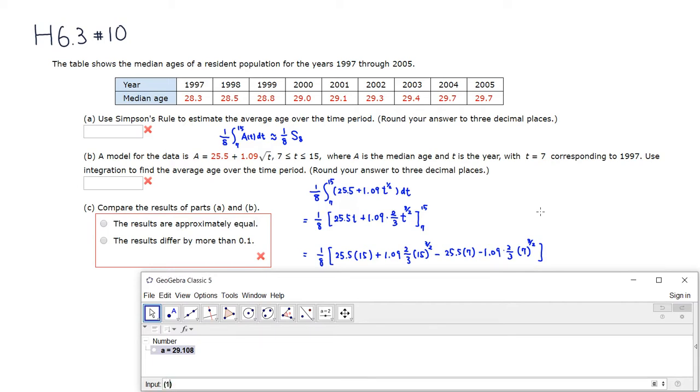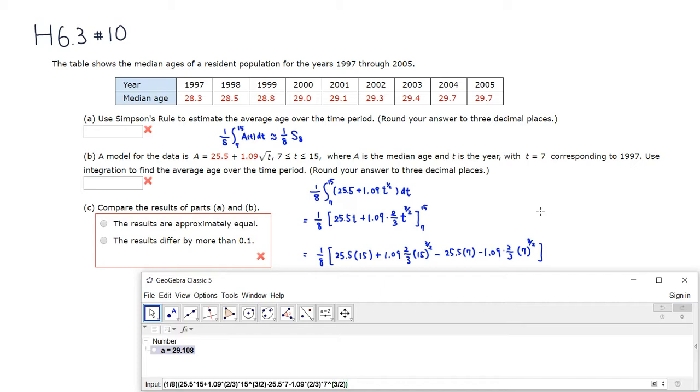We have 1/8 there. Then we add 25.5 times 15, plus 1.09 times 2/3 times 15 to the 3/2 power, minus 25.5 times 7, minus 1.09 times 2/3 times 7 to the 3/2 power.